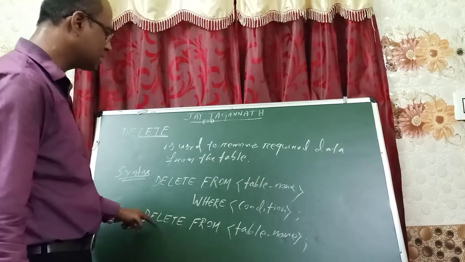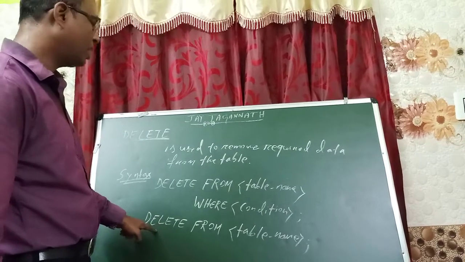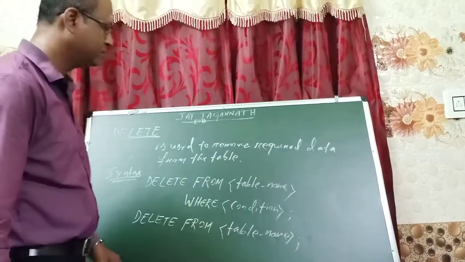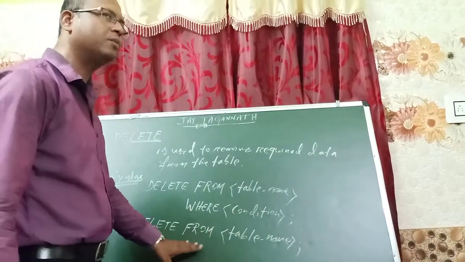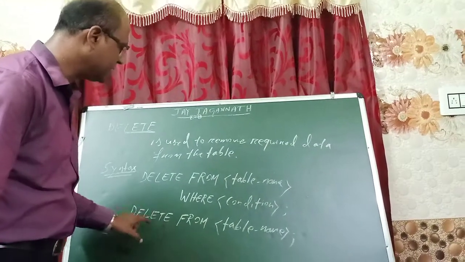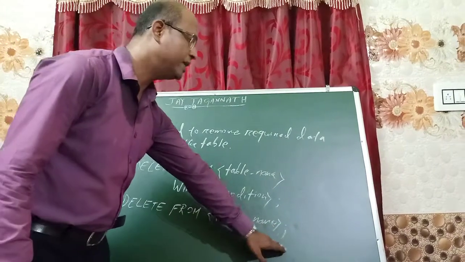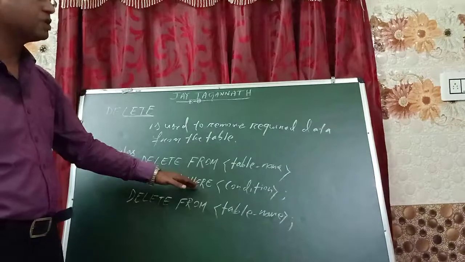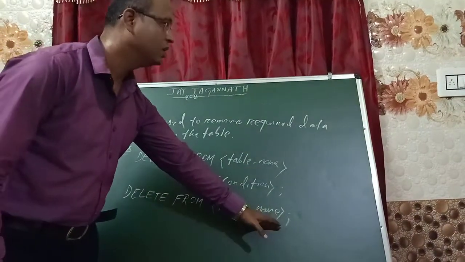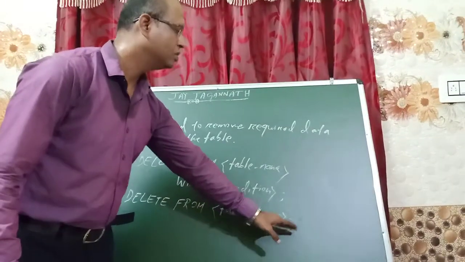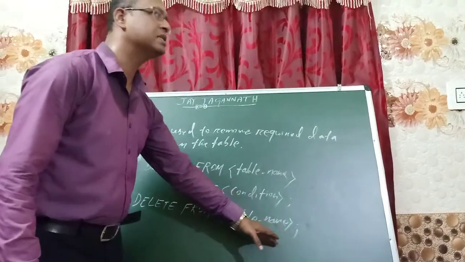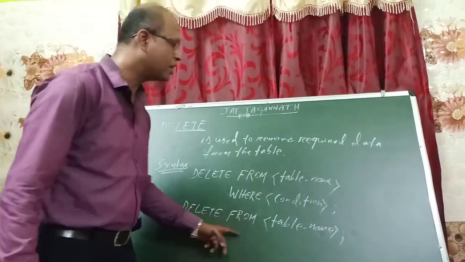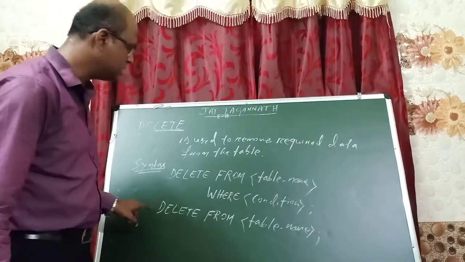If you mention this syntax, then what will happen? All records from the table will be deleted, because here we didn't mention any where condition. That's why we are not able to delete the unnecessary data from the table as per our requirements.